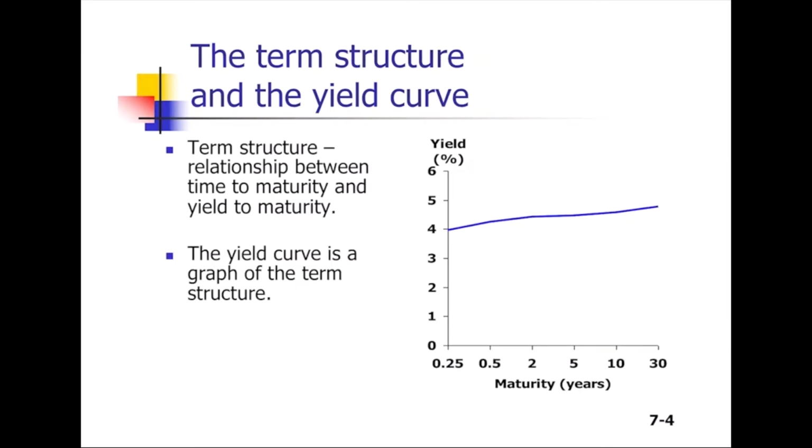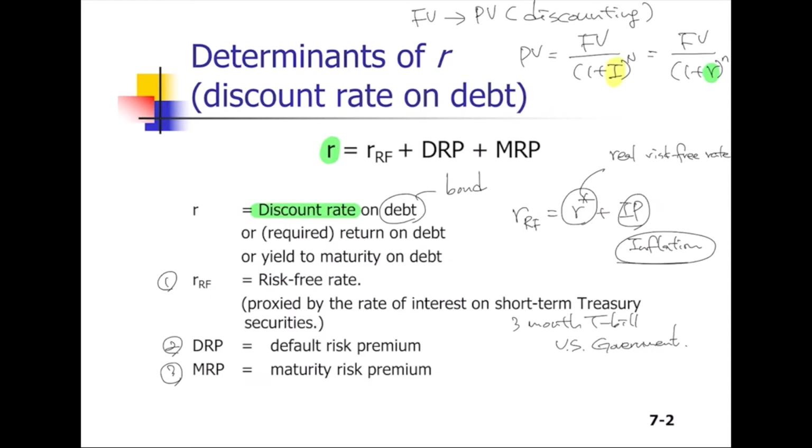This slide shows the term structure and yield curve. What is term structure? Term structure means the relationship between the time to maturity and yield to maturity. So the y-axis is yield to maturity. It comes from here, right?